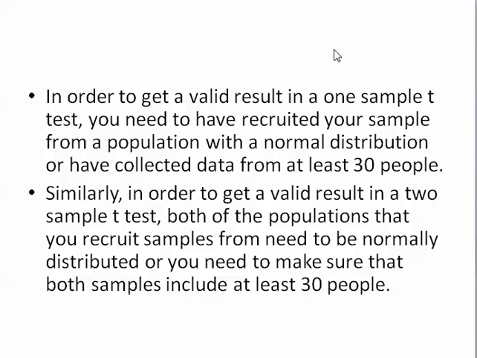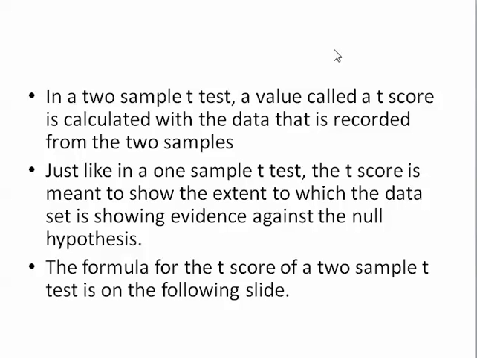Higher sample sizes would be even better if you can get them. For example, 50 from population 1 and 50 from population 2 would be even better, but 30 is usually the minimum. That's a rough guideline for the minimum.